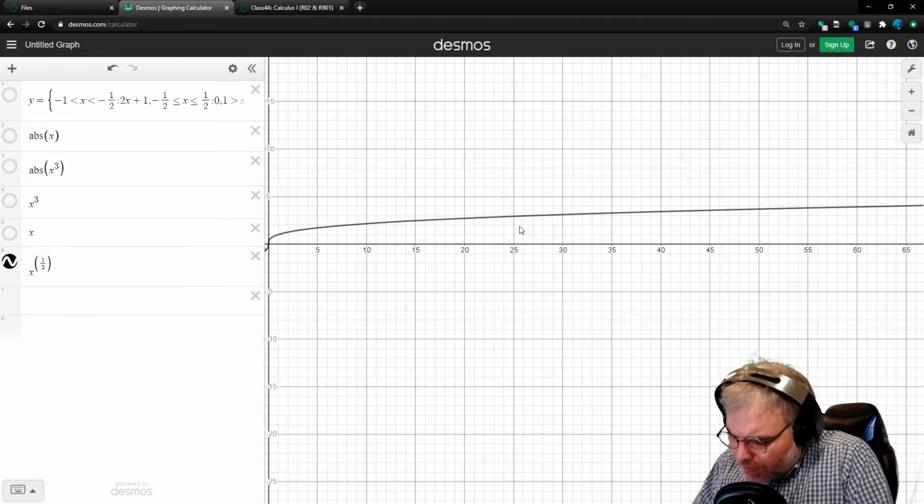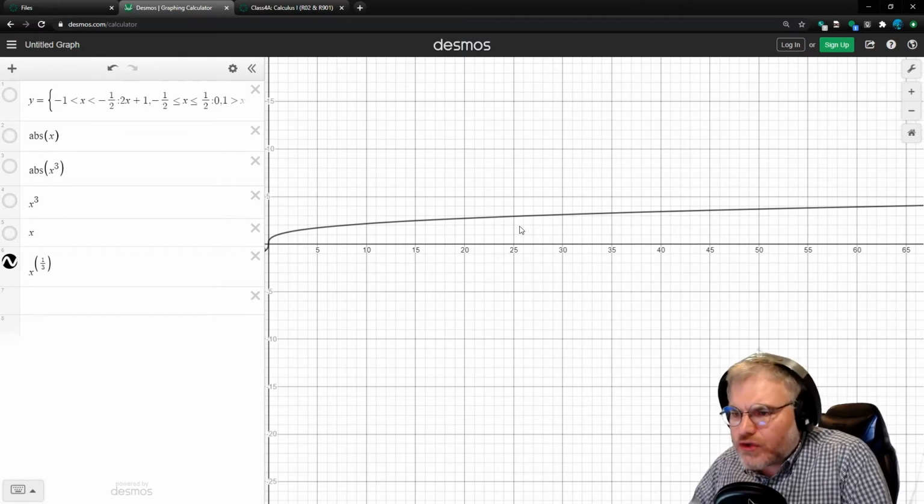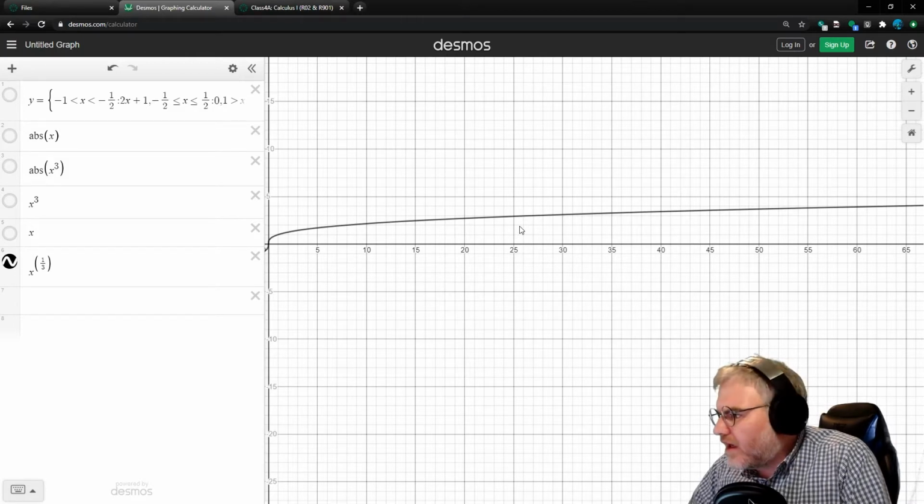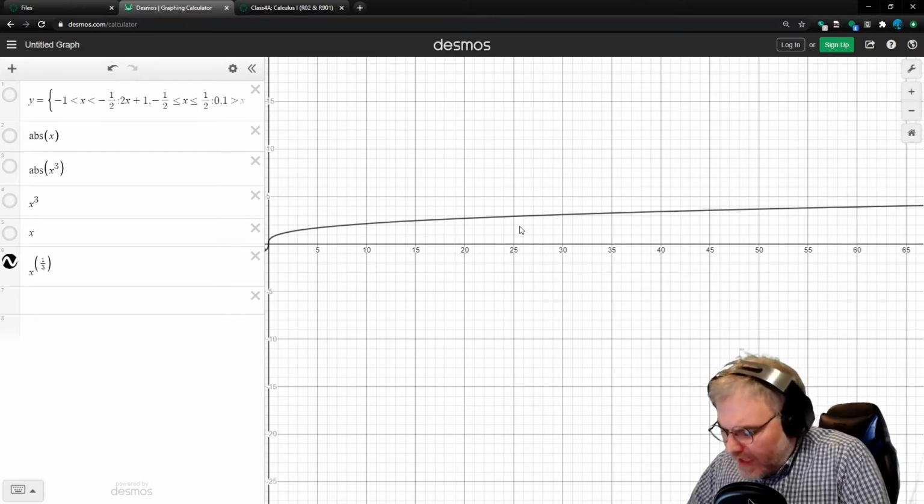What is the cost? So what is the marginal cost of 25? So what is the marginal cost of the 25th unit of gasoline?